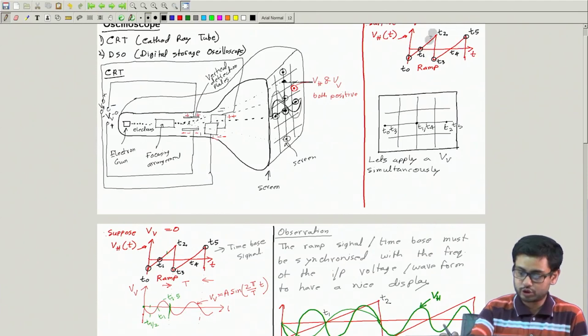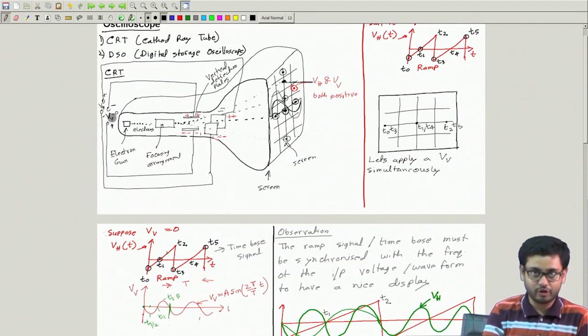This ramp goes to VH, and VV is from the waveform that we want to see.